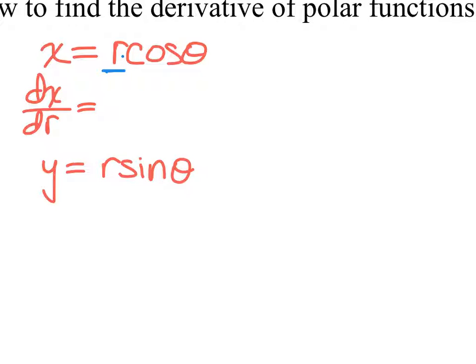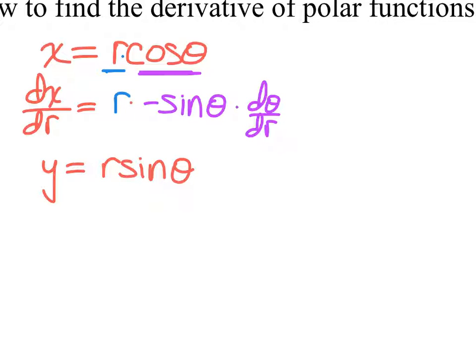So here's my first function, and let me make this purple so I can say that here's my second function. Product rule. First times the derivative of the second, so r times derivative of cosine is negative sine, so negative sine theta, but because this variable is not r, I also have to multiply by d theta dr.